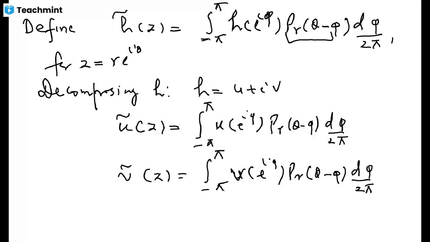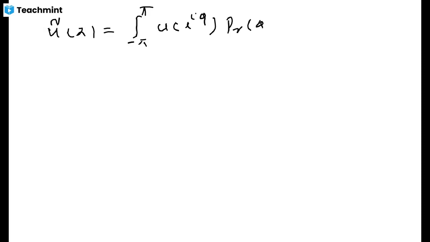Now let us see first this u tilde. We have u tilde(z) equal to the integral from minus pi to pi of u(e^{i phi}) P_r(theta minus phi) d phi over 2 pi.